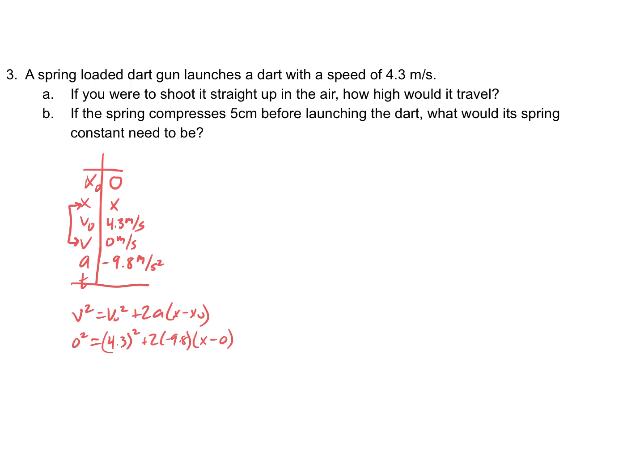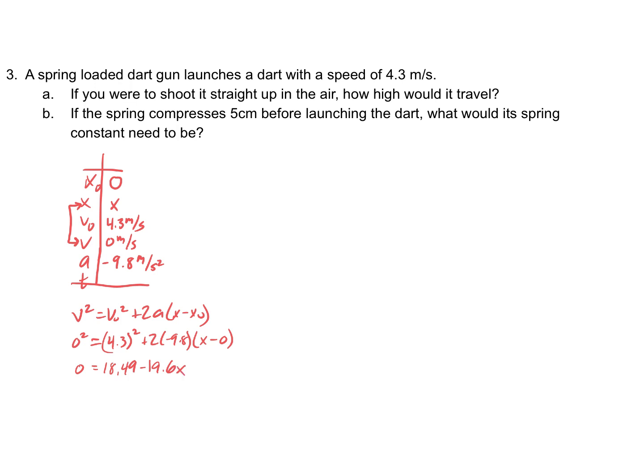And you'll notice that that is going to simplify. The left side is going to be 0 squared, which is 0. I'm going to have 4.3 squared. So it's going to be 0 equals 18.49. And then 2 times negative 9.8 is negative 19.6. x minus 0 is still x.